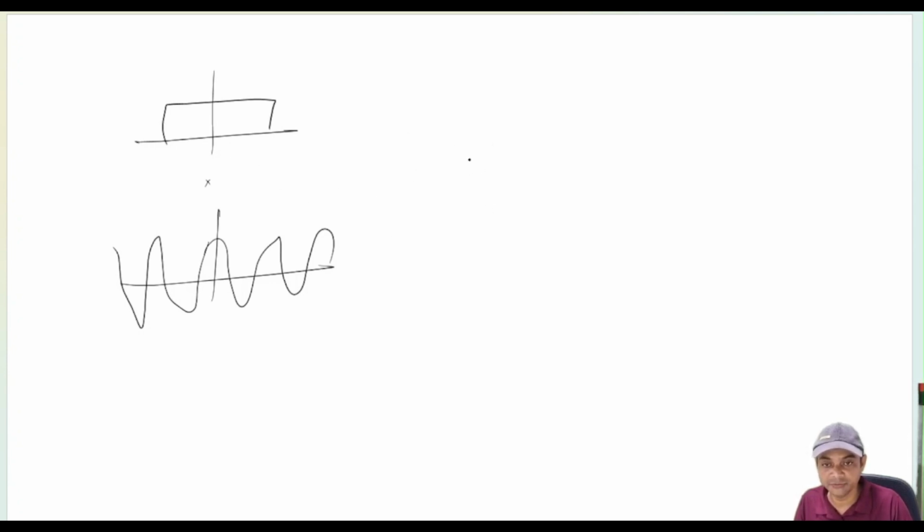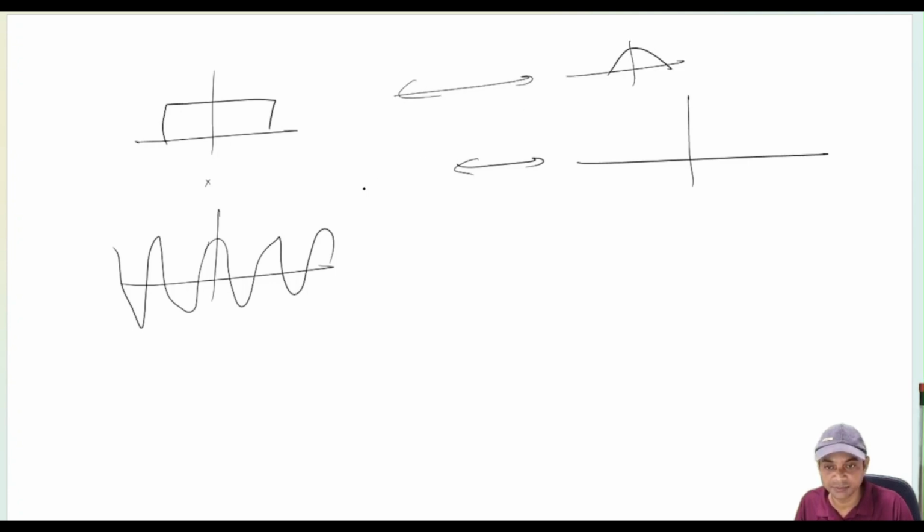In the frequency domain, the Fourier transform of this signal is this one, and the Fourier transform of the cosine is two impulse signals.